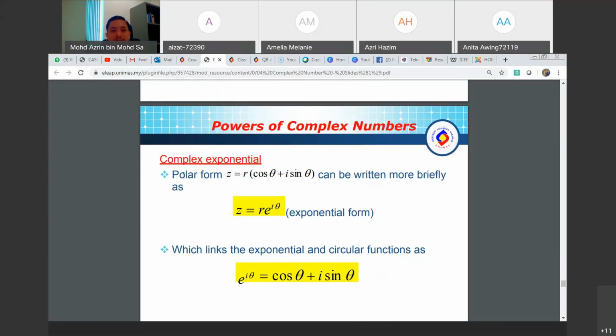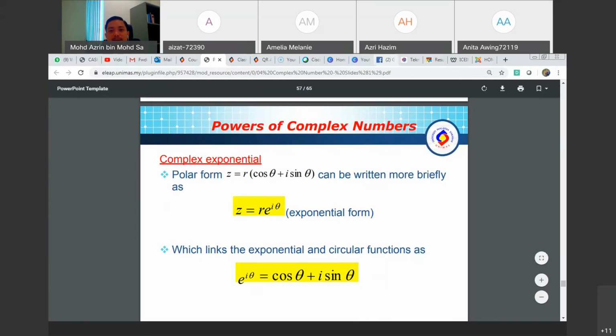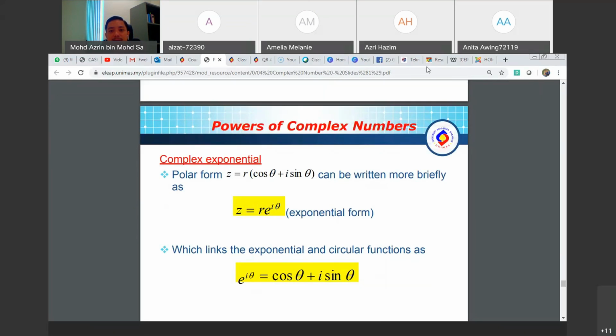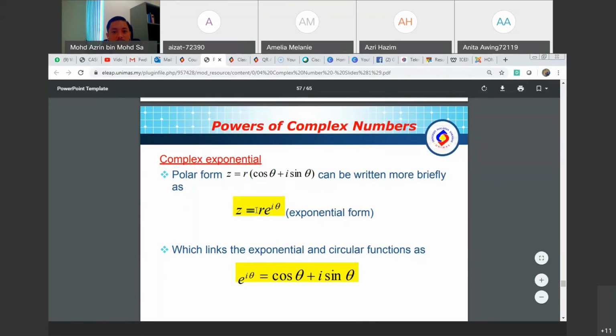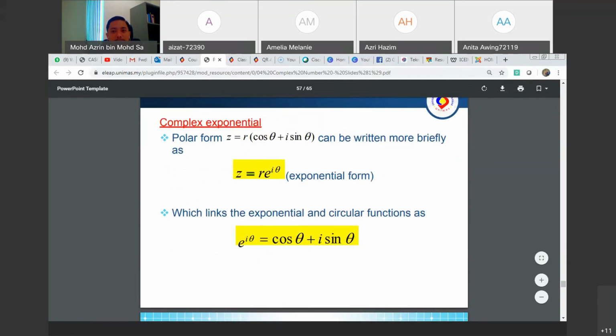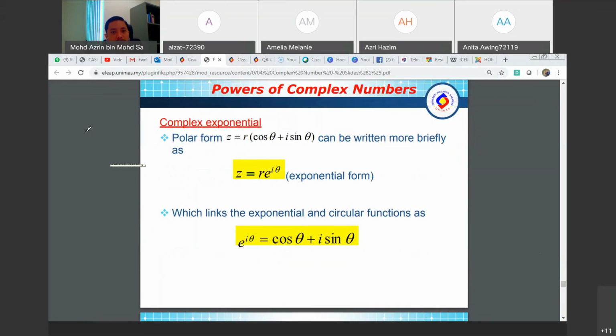So kita ada berapa form? First, we have complex number.